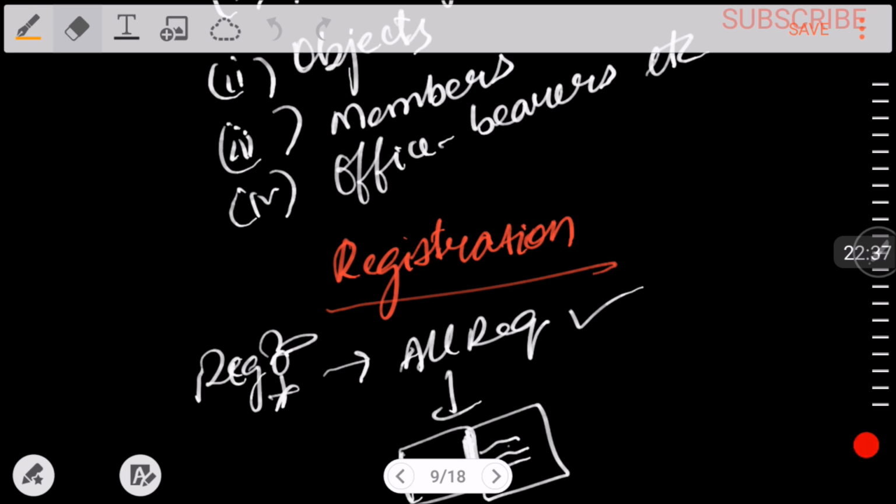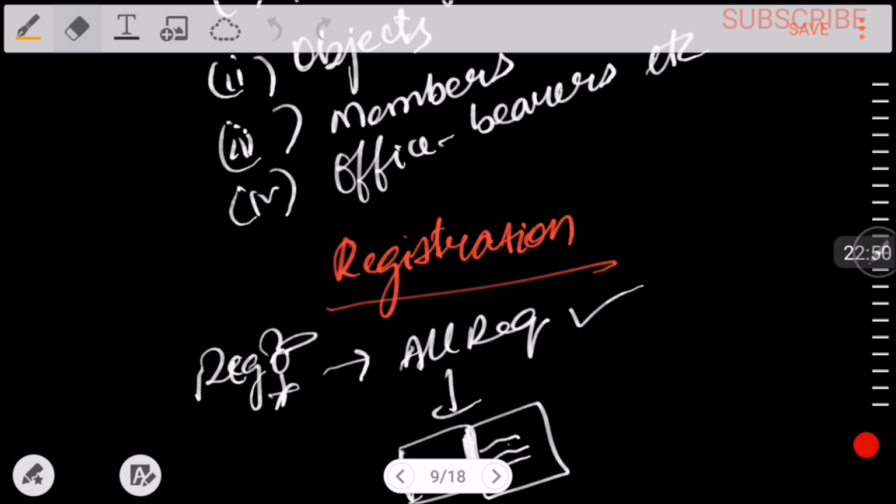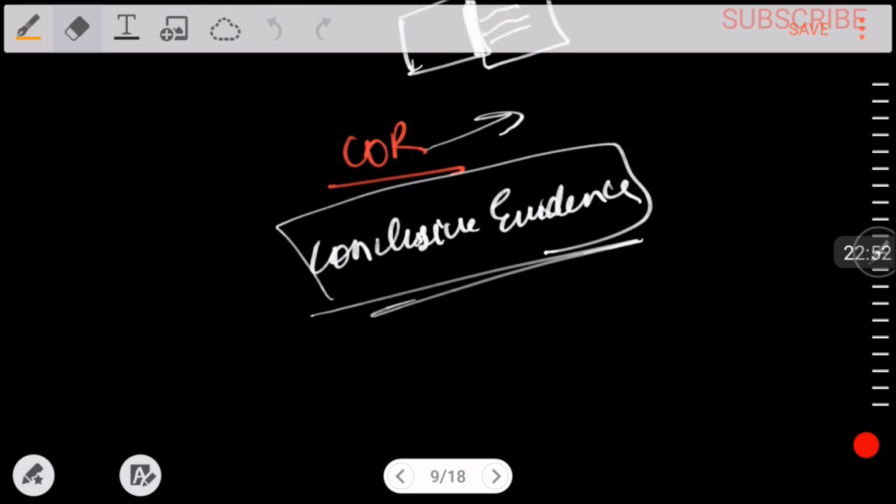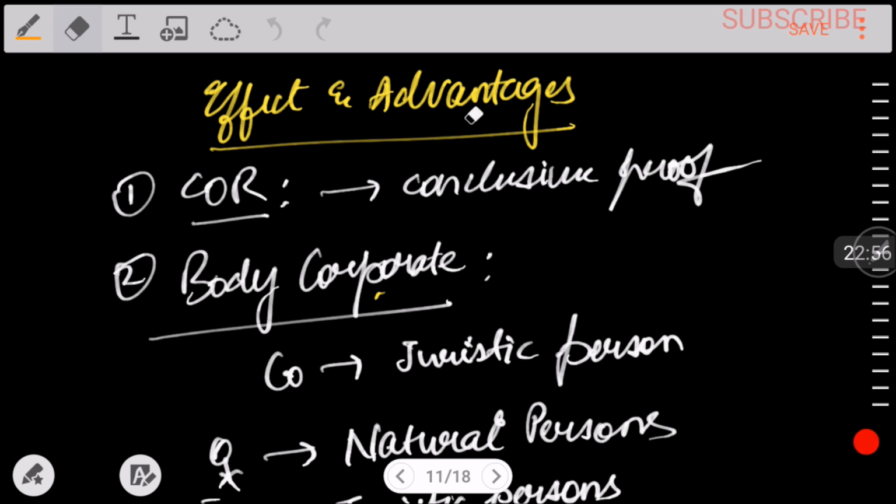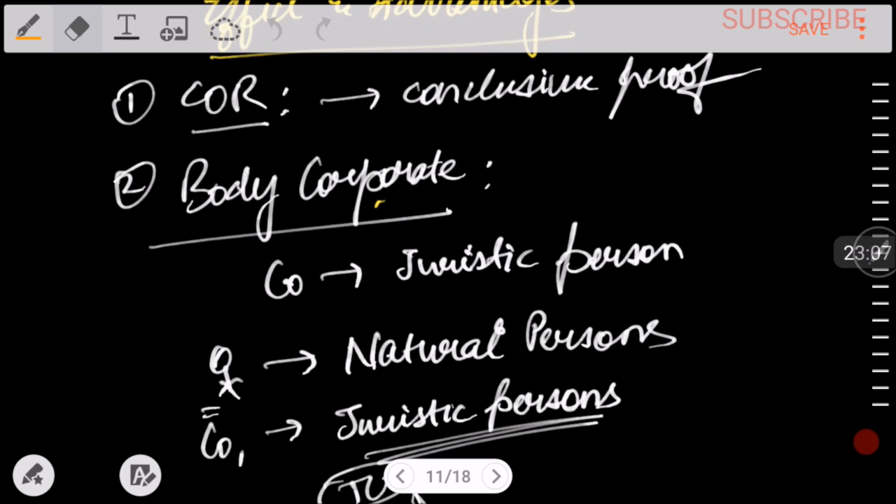Provisions to be contained in the rules of a trade union: objects of the trade union, list of members, list of office bearers. Power to call for further particulars if the registrar requires. Registration: the registrar, on being satisfied, registers the trade union and enters the name of the trade union in the register. Certificate of registration: it's a conclusive proof.